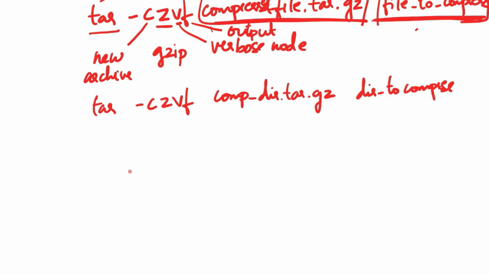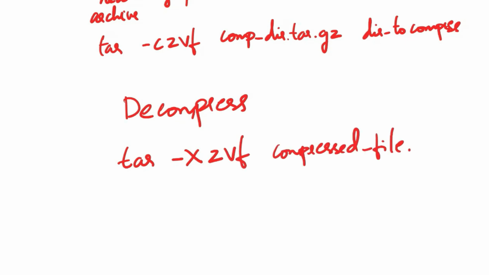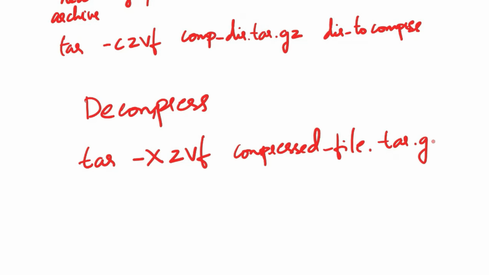Now let's look at how to decompress with tar and gz. To decompress to the current directory, you're going to write tar -xzvf compressed file.tar.gz. x is to extract files from the archive.